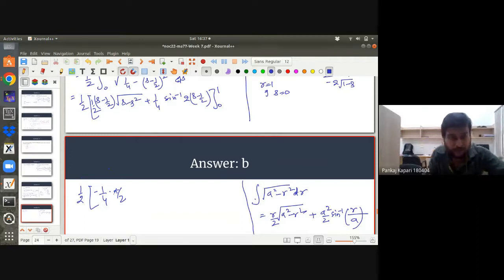So it's plus pi by 2 in the first case, and in the second case minus pi by 2, right? If you put 0, then it is sine inverse of minus 1, so this will become plus. So pi by 8 plus pi by 8, that is pi by 4, again pi by 8.